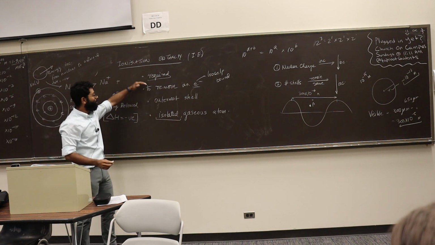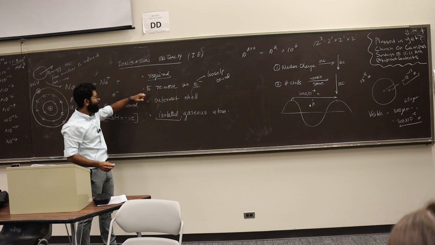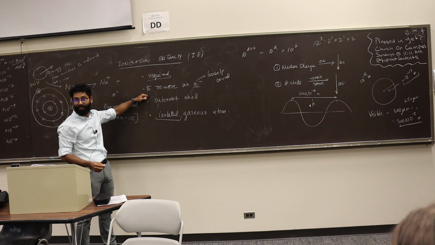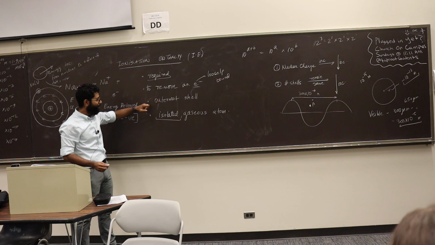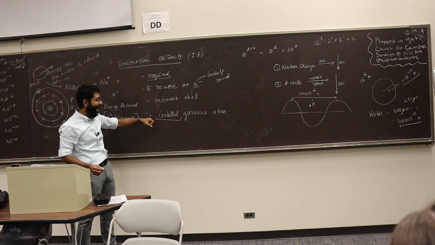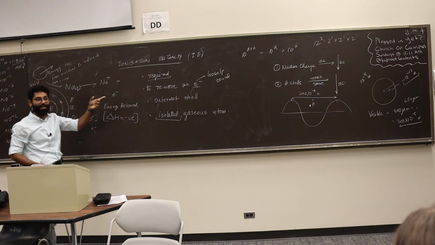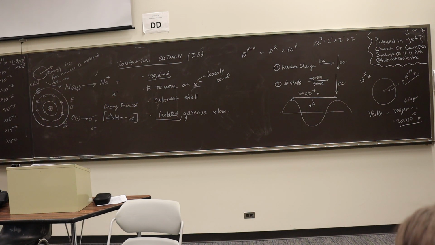So if you break it down, its energy required is an endothermic process. You're removing an electron from the outermost shell of an isolated gaseous atom, and the energy required to remove that is called ionization energy, or IE.